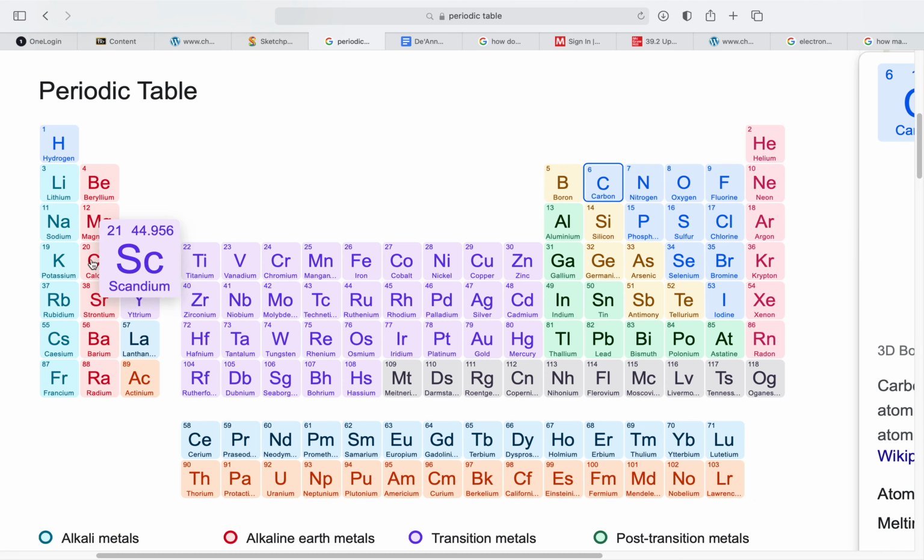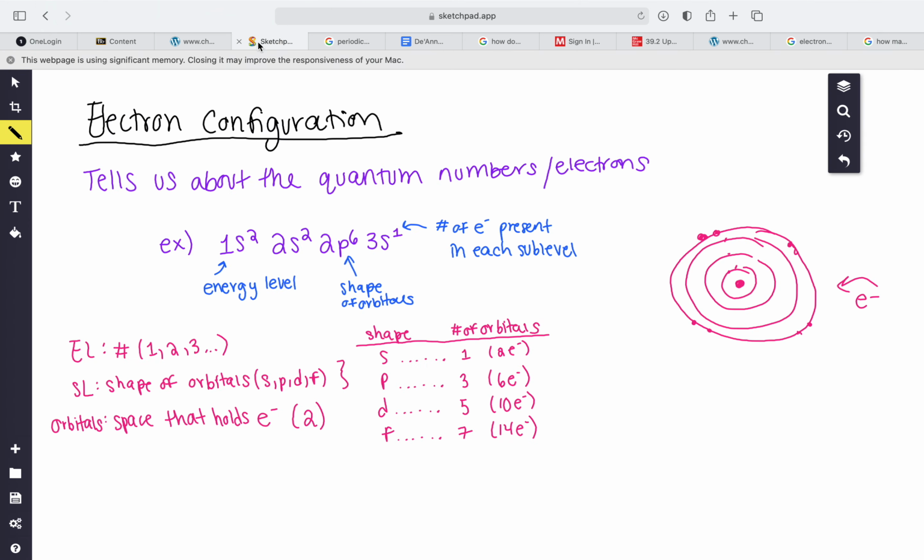Because if we had all of these in the same level, we would end up having 1, 2, 3, 4, 5, 6, 7, 8, 9, 10, 11, 12, 13, 14, 15, 16, 17, 18. We would have 18 electrons in the outer shell. That would be an extremely unstable state, and the atom will be extremely unhappy, right? It's going to want to remove those electrons.